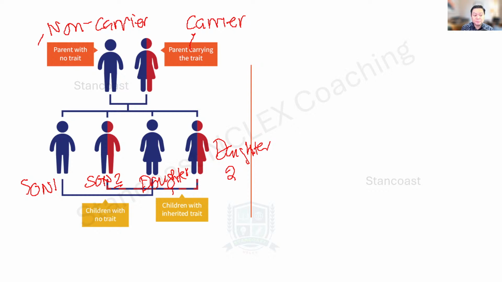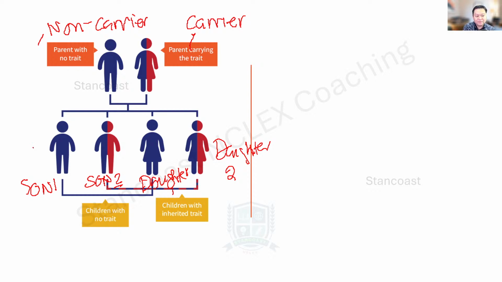And this simply means that she carries one normal hemoglobin gene and one abnormal hemoglobin gene. And so she will be able to pass one trait to her offspring if she's going to bear children, but she will not display any symptoms herself, okay?